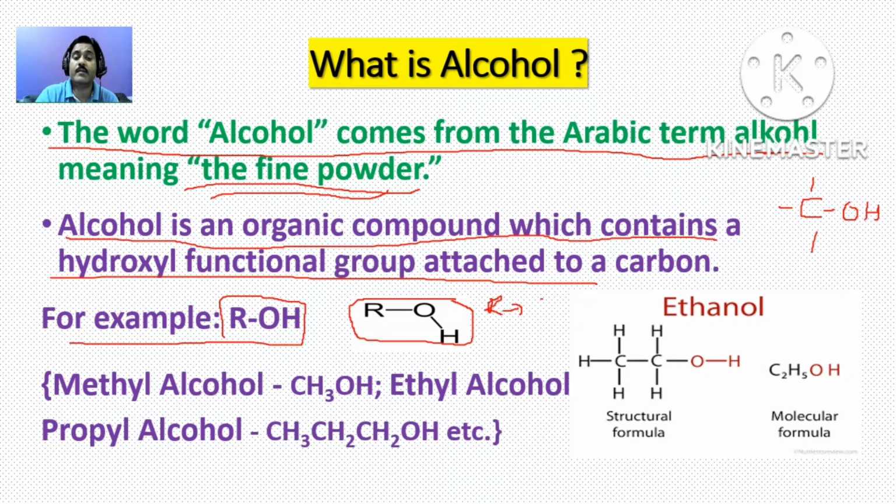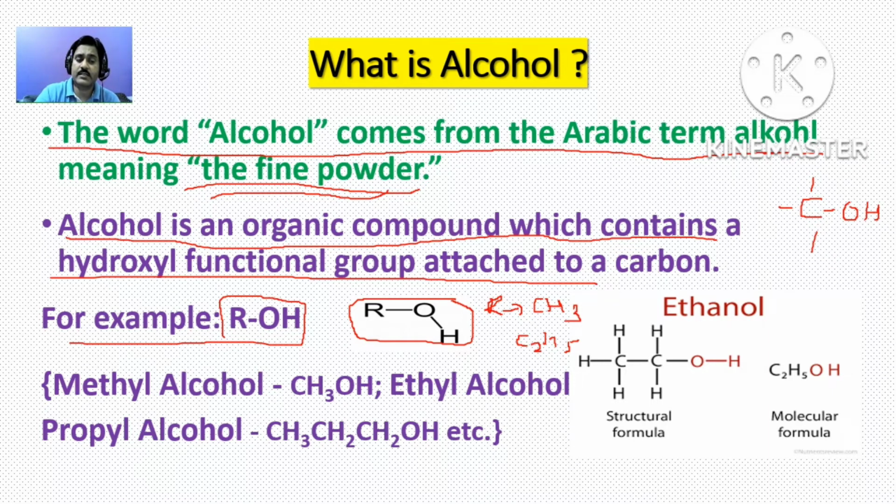R groups are methyl CH3, similarly ethyl C2H5, and propyl. R is the alkyl group, for example methyl group, ethyl group, and propyl group. If OH is combined with these alkyl groups, then alcohols are formed.